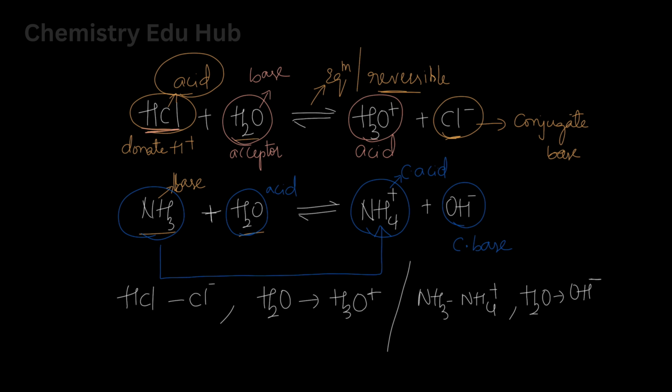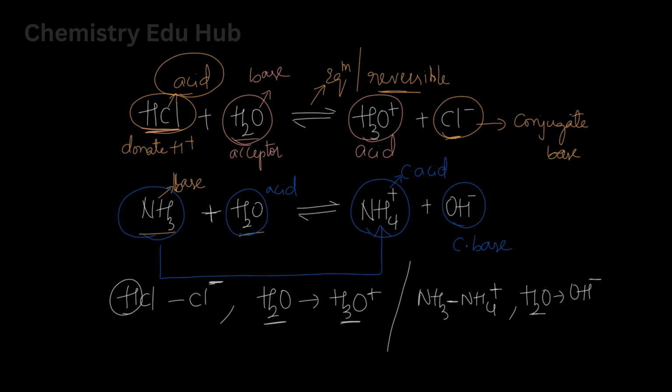So here, what do you observe as the common point? There is a difference of only one proton. HCl has one proton, Cl minus has no proton. H2O and H3O plus, there is a difference of only one proton. Similarly, ammonia and ammonium plus ion, there is a difference of only one proton. Water and OH minus, there is a difference of only one proton.